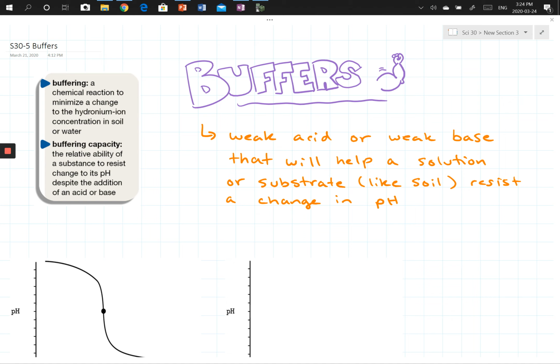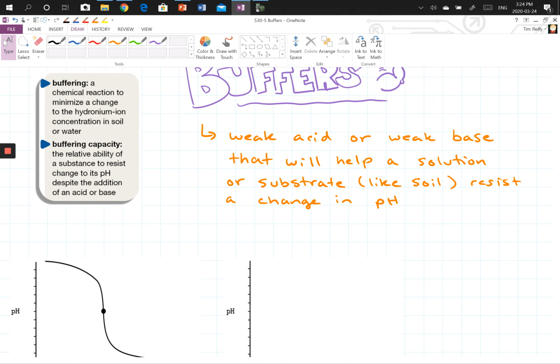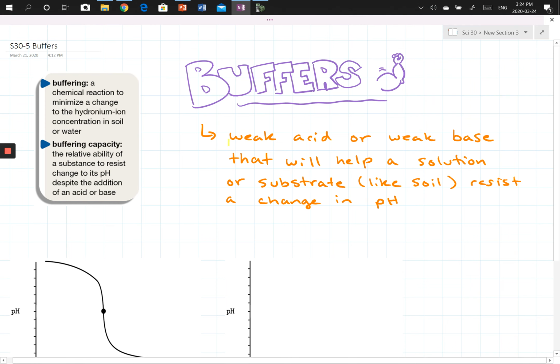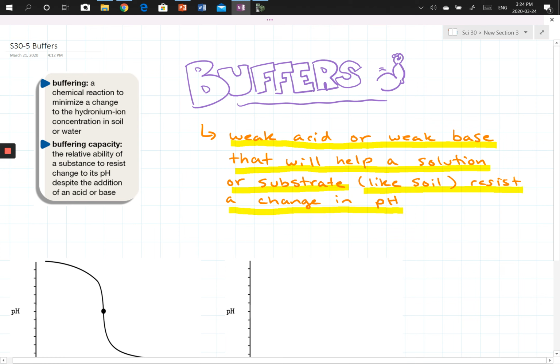I just made a quick video on buffers here, so you should have finished the part one notes for chemistry at this point. And I think we need a little bit extra explanation on the concept of what a buffer is. A buffer is a weak acid or a weak base that will help a solution or a substrate like soil resist a change in pH.